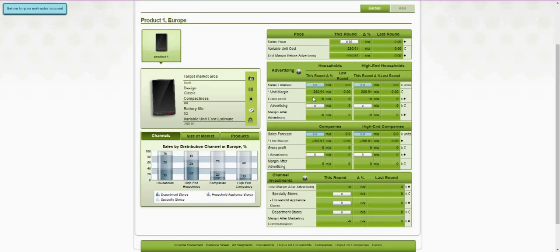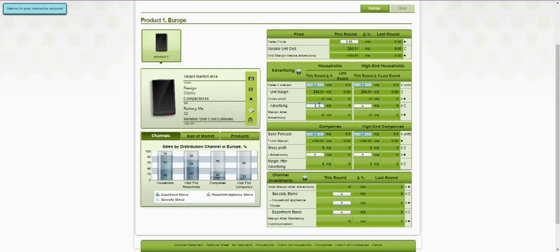Okay, so we've got the sales forecast, so we can think about the number of units that we want to make. So we've got to think about our sales price. We've also got to think about our sales forecast and how much we want to spend on advertising. So we have to think about the cost that we want to put in here.